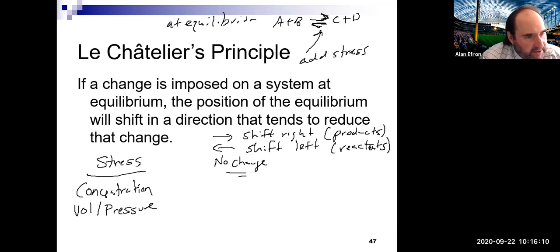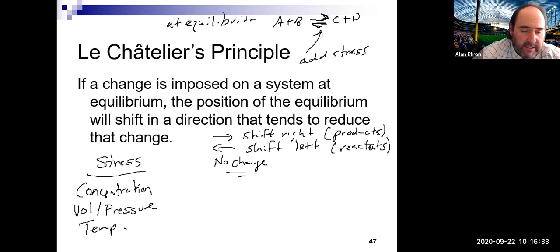So volume and pressure dealing with gases is something that we can do to the system, either increase or decrease both of those: increase the volume, decrease the volume, increase the pressure, decrease the pressure. Temperature is another stress that you can apply to a system. So either we can increase the temperature or lower the temperature.